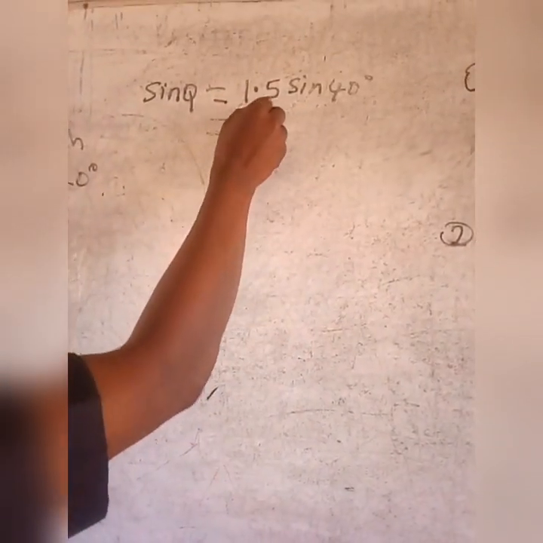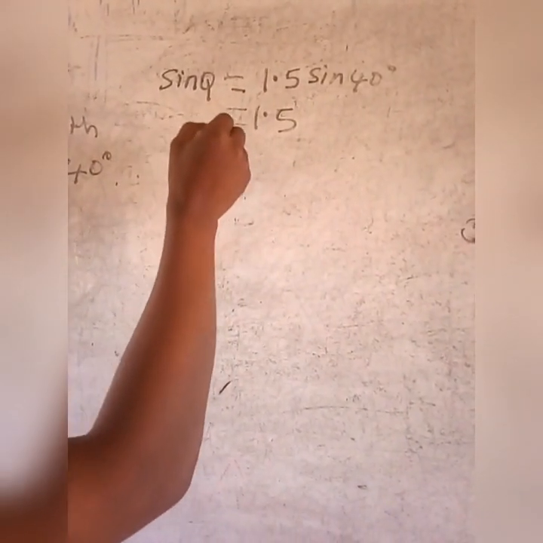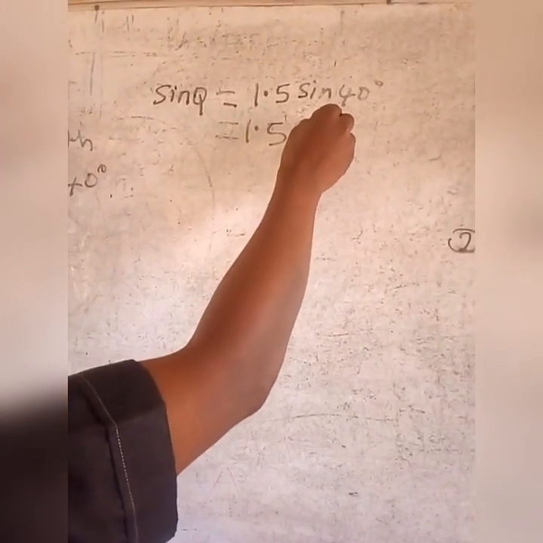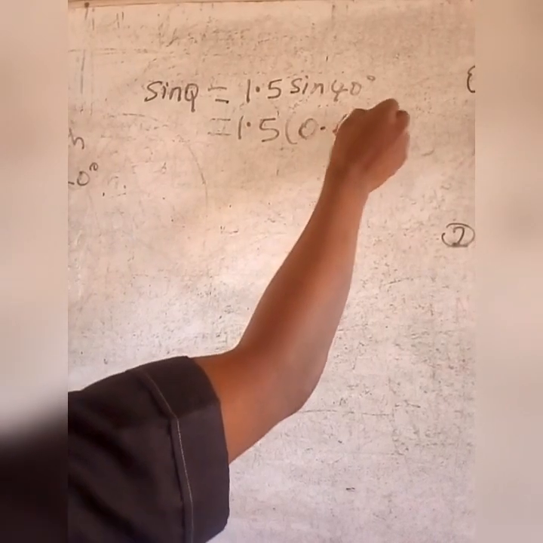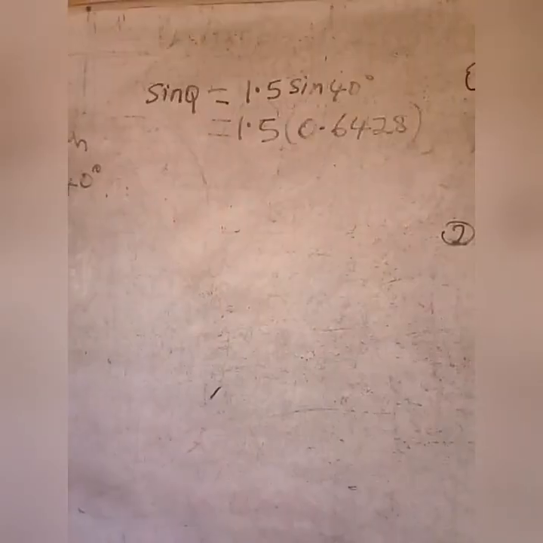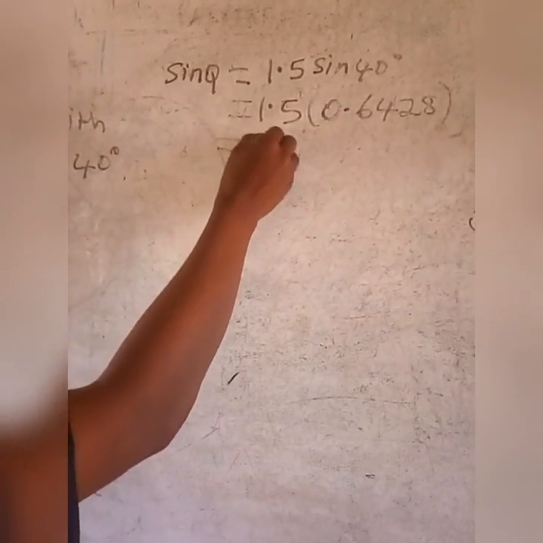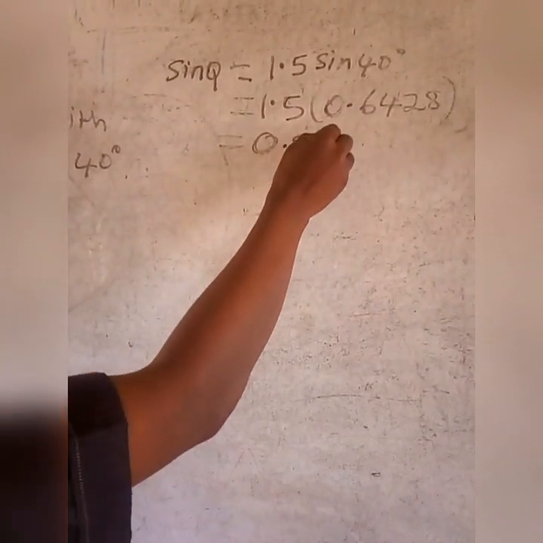Now sine 40 from the table is 0.6428. When we multiply 1.5 times this, it gives us 0.9642.